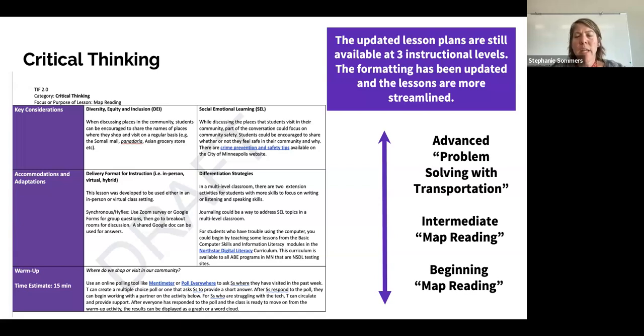So the critical thinking lessons do follow that format that Jamie talked about with a warm-up, introduction, guided practice, independent practice, and then assessment or reflection.